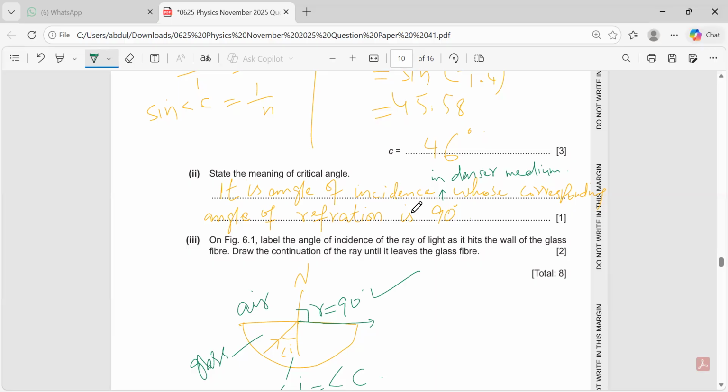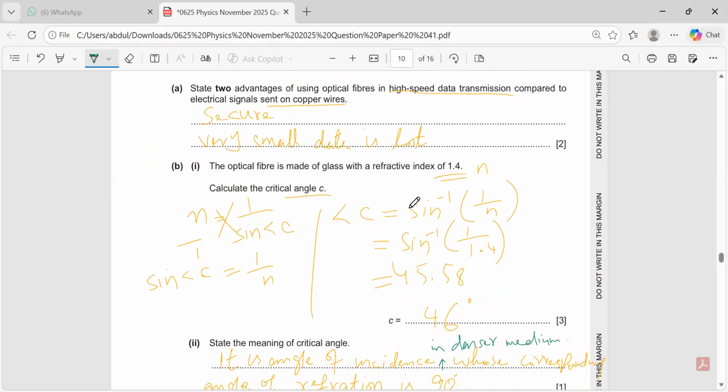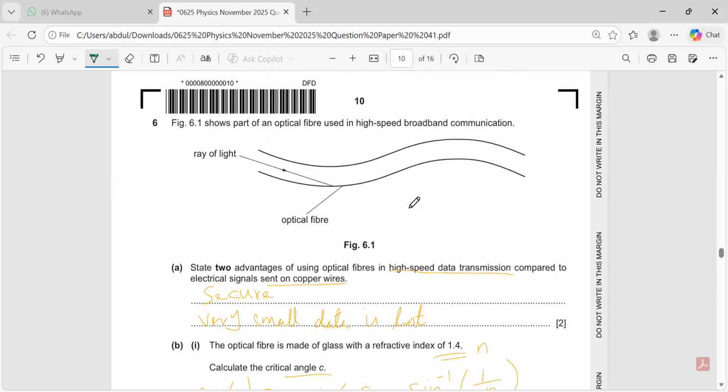Now let's move forward. On figure 6.1, label the angle of incidence of the ray of light as it hits the wall of the glass fiber. Draw the continuation of the line until it leaves the fiber. So it will suffer total internal reflection. Come back here. Many times I told you, the easiest way is if this length is given, like from here till here, now it is hitting the bottom side.